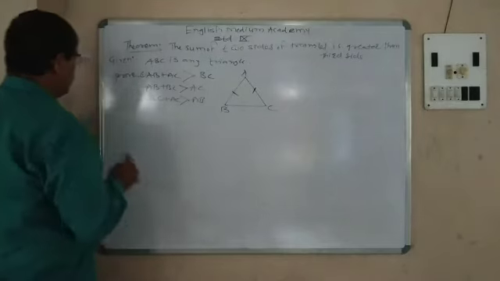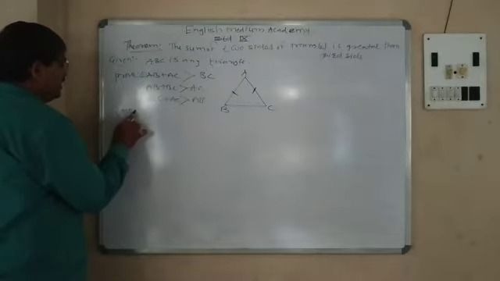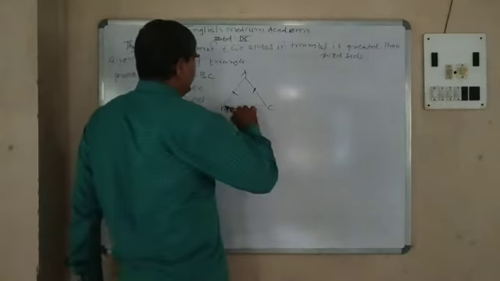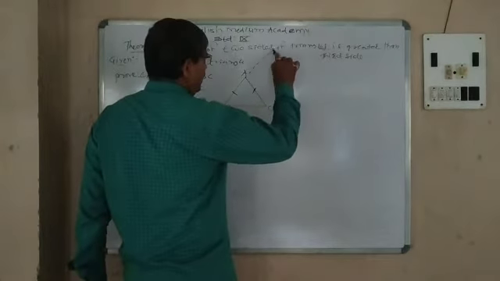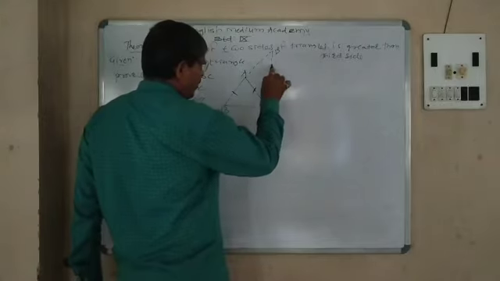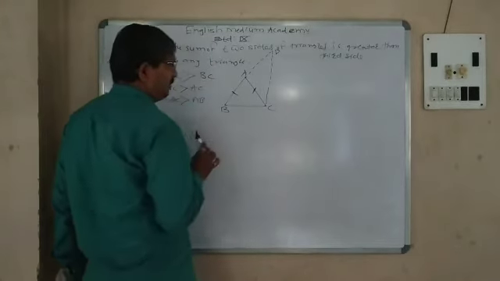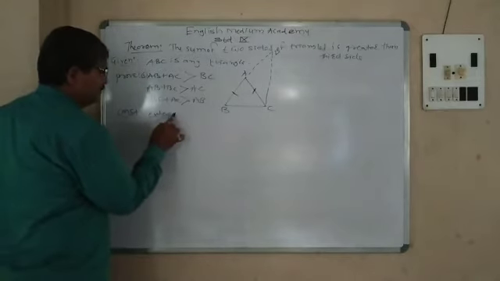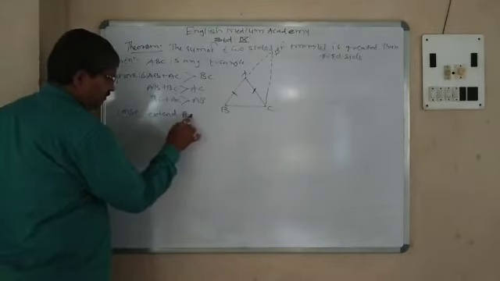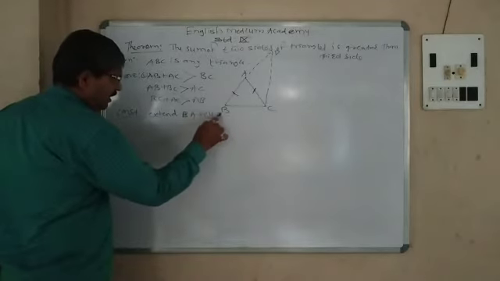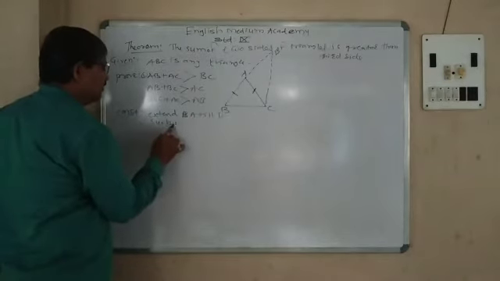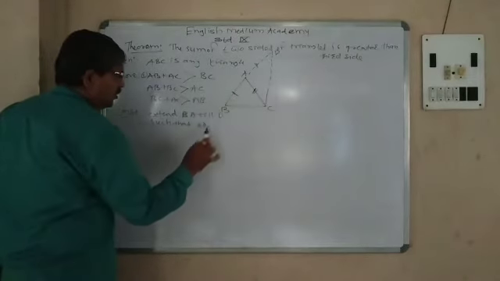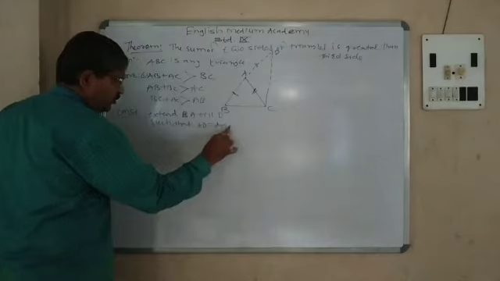So how will you prove this? For that purpose, there is need to make the construction. What will you do? Extend AB till D and join to C. Here I am writing: extend BA till D such that AD is equal to AC.